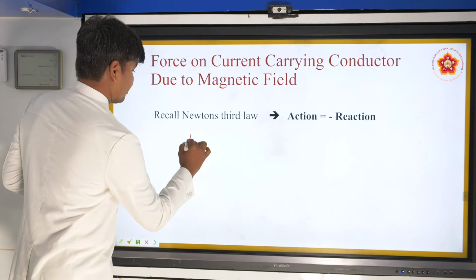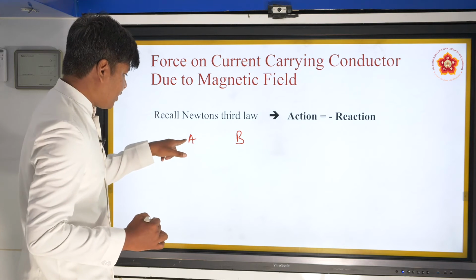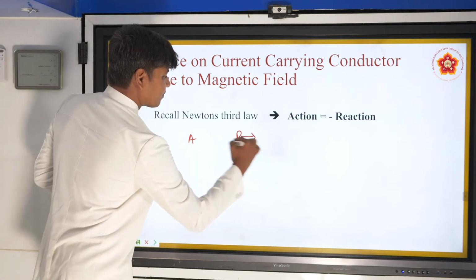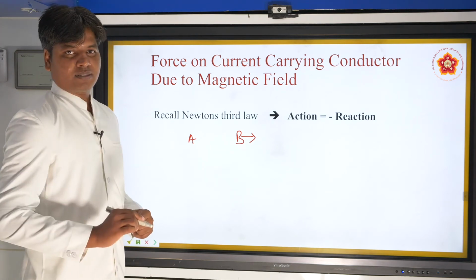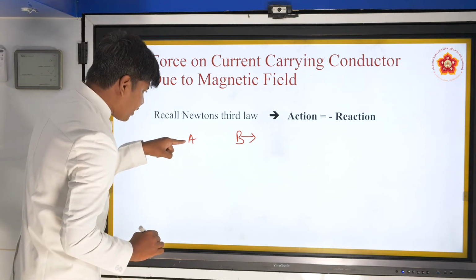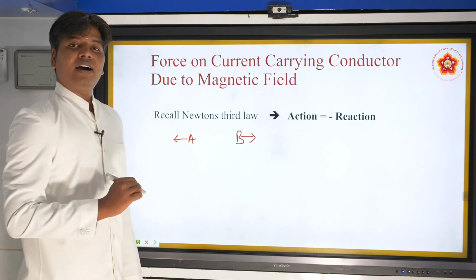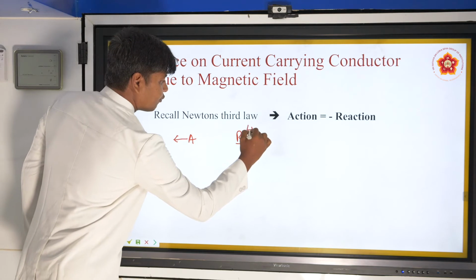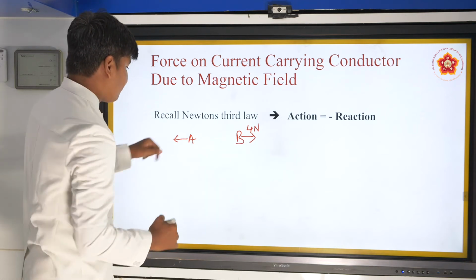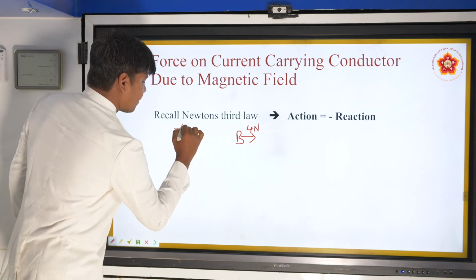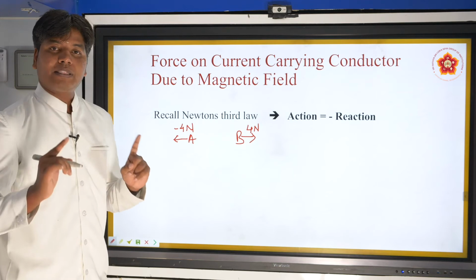If you have a body A and a body B, the force on body B due to body A, suppose it is in this direction with some magnitude, say 4 newtons. Now the force on body A due to body B will be exactly the same in the opposite direction. If this is 4 newtons in the positive x direction, it will be in the negative x direction, minus 4 newtons. So the magnitude is the same, 4, but the direction is different.